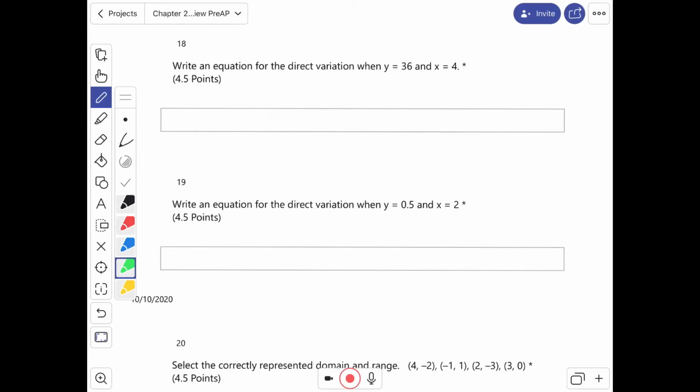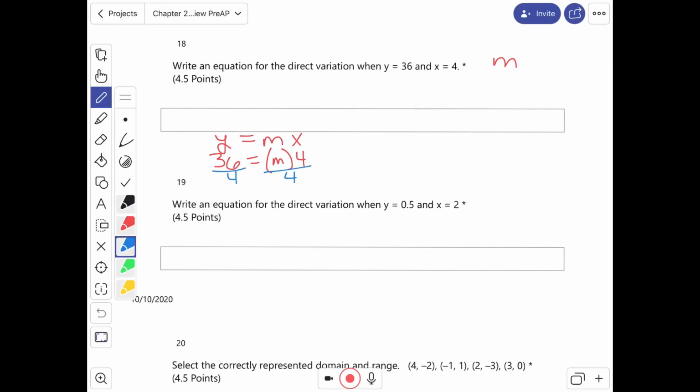Write an equation for the direct variation when y equals 36 and x equals 4. What they're wanting you to do is figure out what the m is. Remember, m is the constant rate. Remember that formula, y equals m times x? Well, if my y is 36 and the x is 4, what would be m?